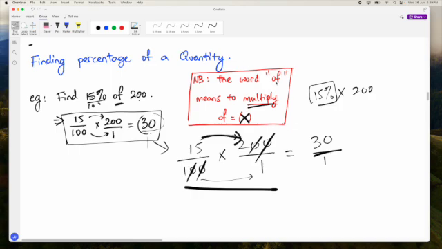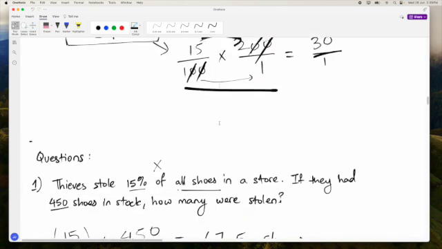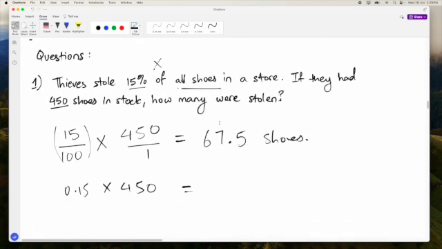Just remember, the word of in mathematics basically means multiply. Anytime you see the word of in any question of any kind, you should be thinking multiply, right? And so we have some questions here that we took a look at in the class.